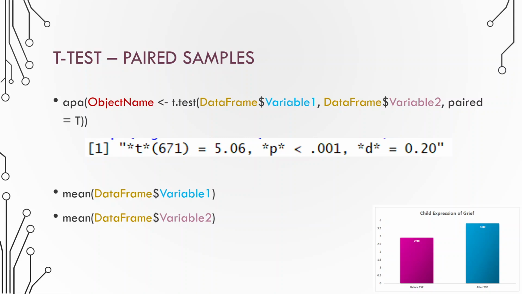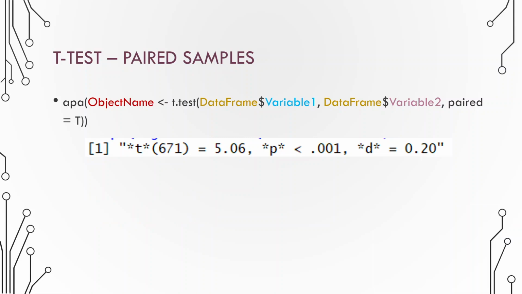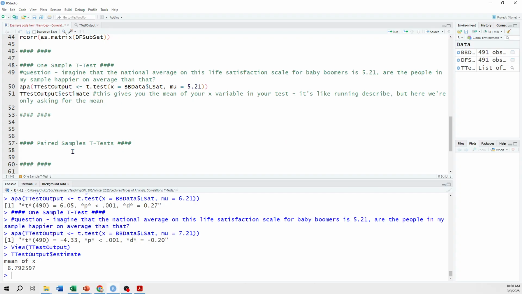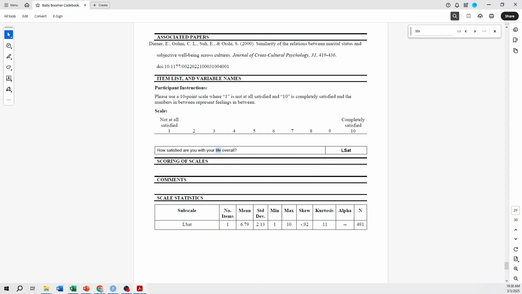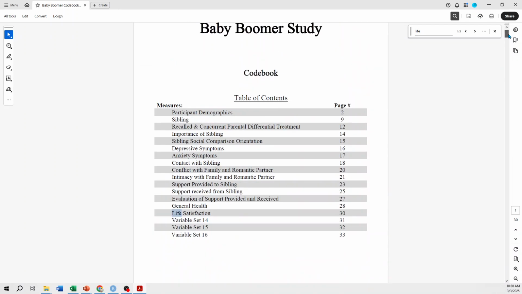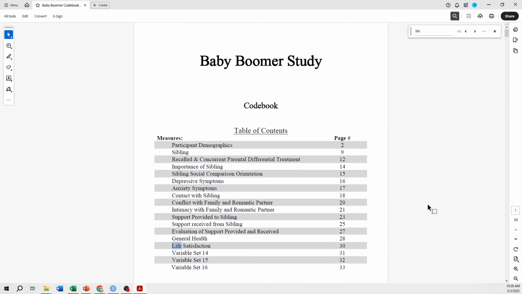All right, let's jump back to RStudio. And let's pull up our code book. What kind of question do we want to ask? We've got conflict and intimacy with family members.